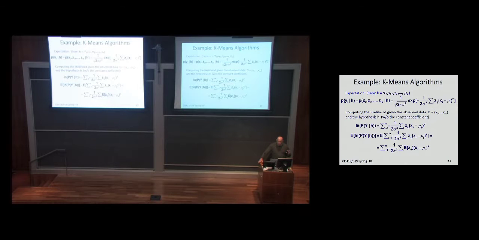So my parameters here, which I'm denoting H now, are the sigma and the k mus, and I'm computing P of y given the hidden variables, which is exactly as saying P of x and the z's given H. This is just substituting the Gaussian formula. And notice what I'm writing here.